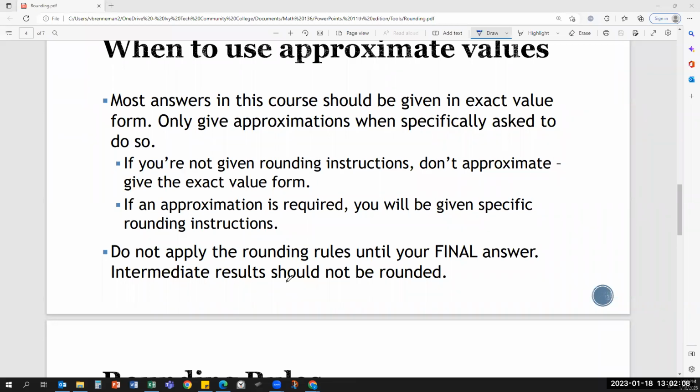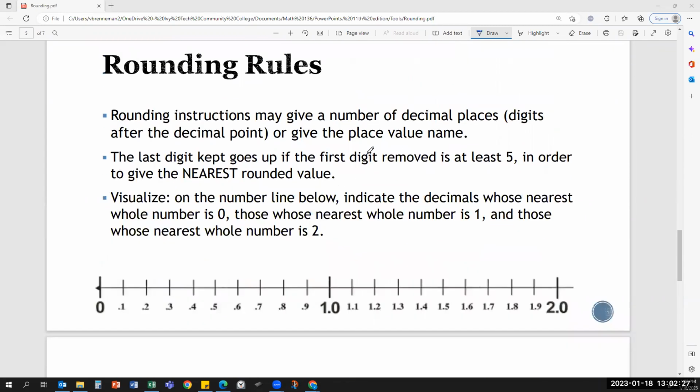Any intermediate answers that are going into other calculations shouldn't be rounded. So use your previous calculator result in the next calculation directly. There's ways to tell your calculator to do that, figure that out, or figure out how to do it all as one calculation.